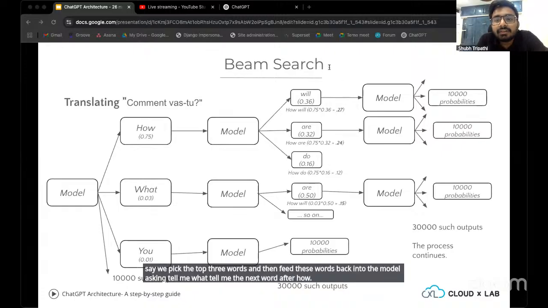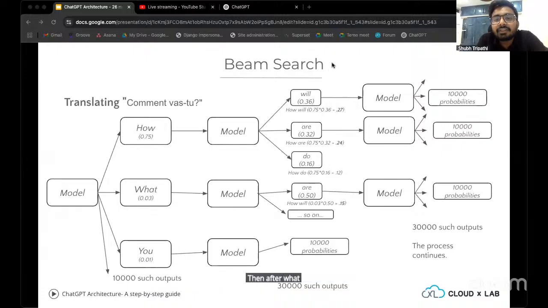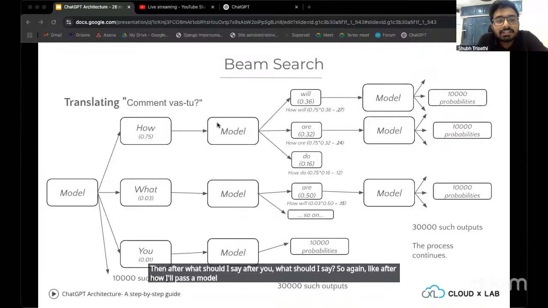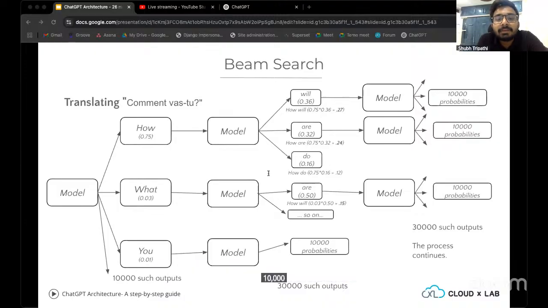After "what," what should I say? After "you," what should I say? So I pass the sequence for "how," for "what," and also for "you." Again it gives me probabilities of 10,000 outputs. We pick the top three again, and then we continue the process.